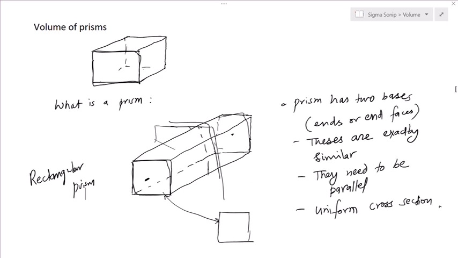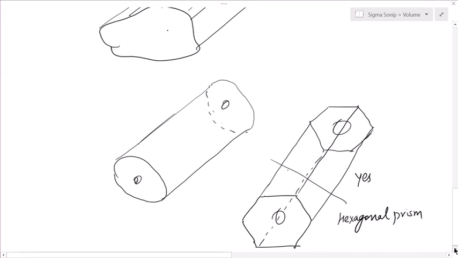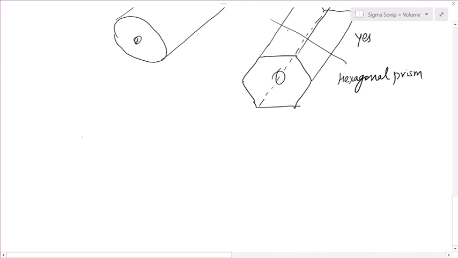Okay, so we can have a triangular prism as well. So I will have one triangle like this, then another triangle, exactly the same triangle here as well, and then you connect them with the sides.